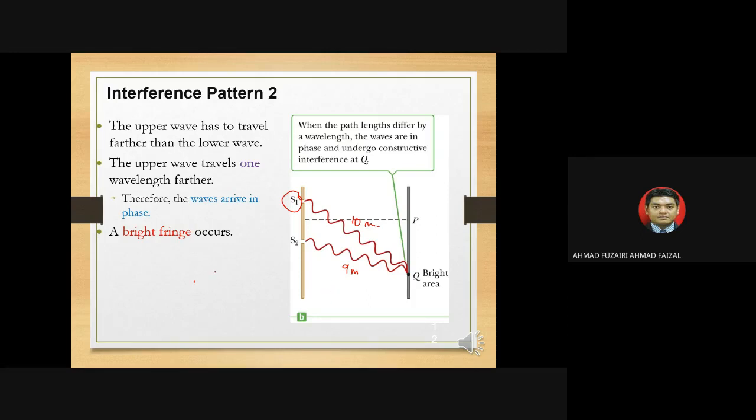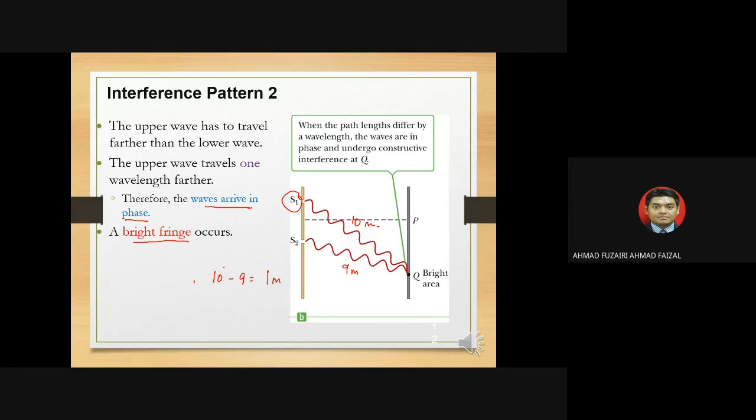Dia akan lebih 1. So bila kita tolak 10 minus 9, you will get 1 meter. Therefore, the waves once again arrive in phase. So you can see a bright fringe occurs. Okay, this series of bright fringes.